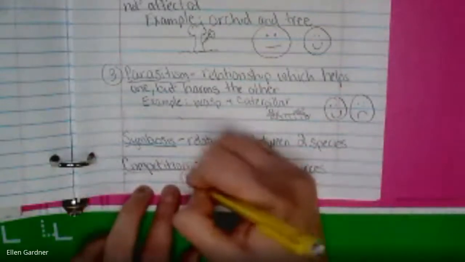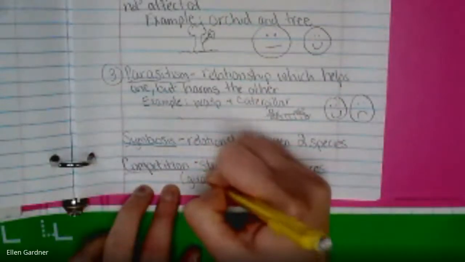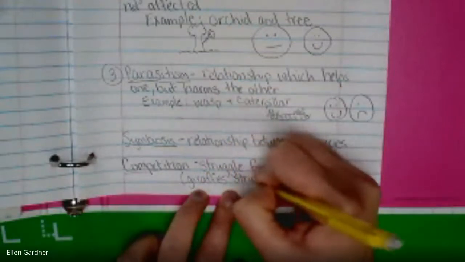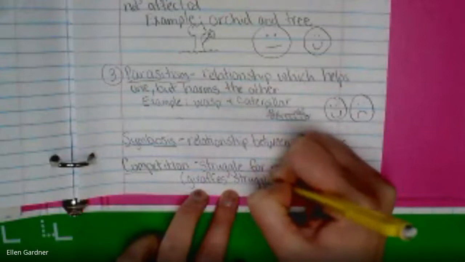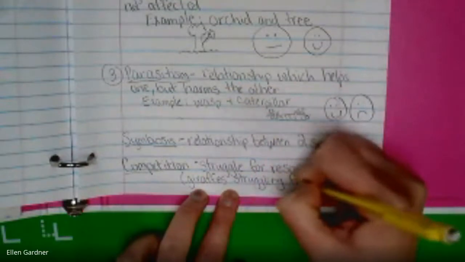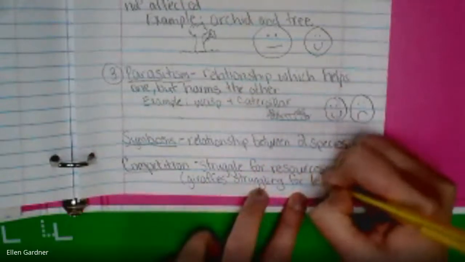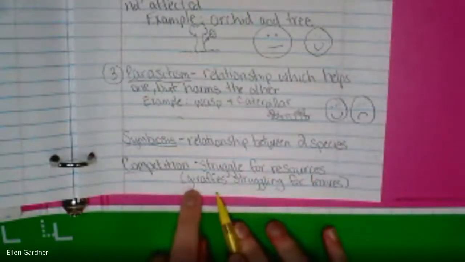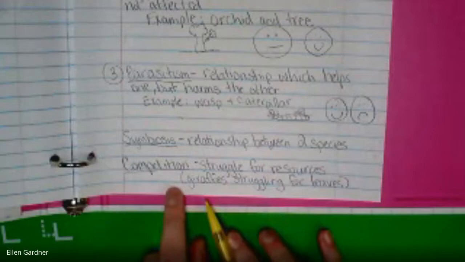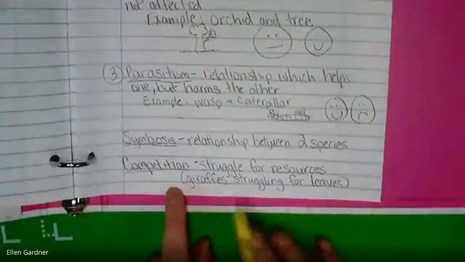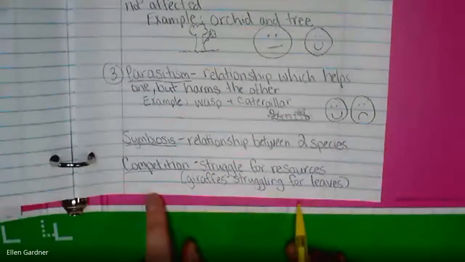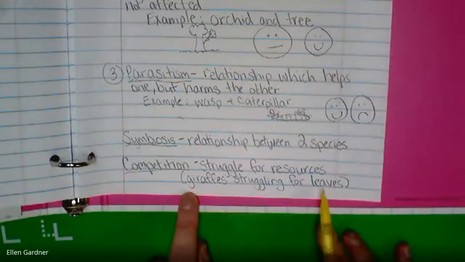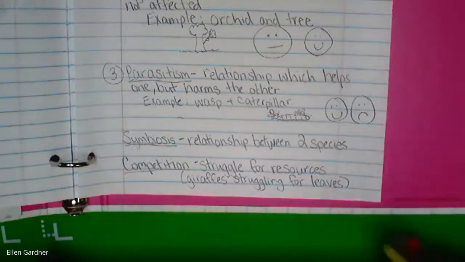For example, giraffes struggling for leaves. Multiple giraffes are all fighting for the same resource, the same leaves. Eventually, if the population is too large of giraffes in an ecosystem, there's not enough leaves for all of them. So they have to compete, and the stronger ones win out.